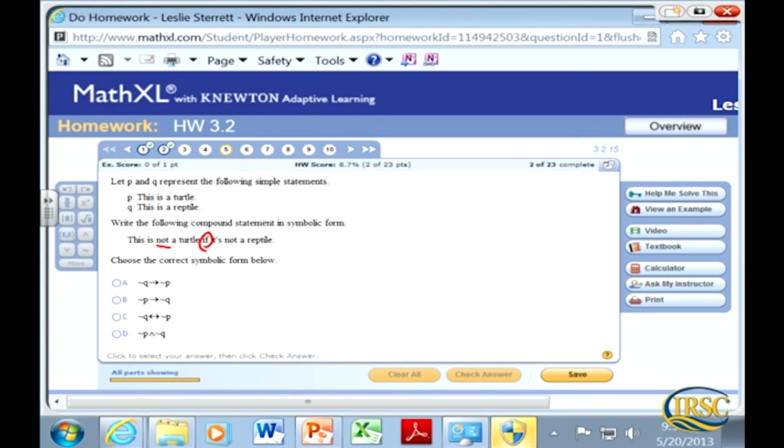All right, so this is not a turtle if it's not a reptile. Now notice you see the word if. So if this is an if-then statement, then order is very important. And remember that the if part has to come first symbolically, and the then part comes second symbolically.